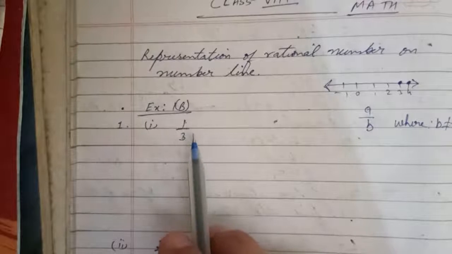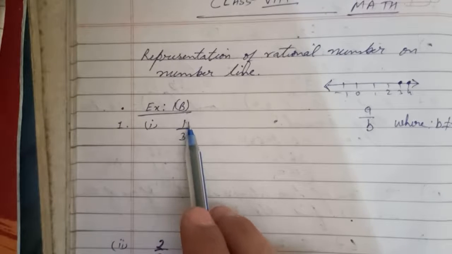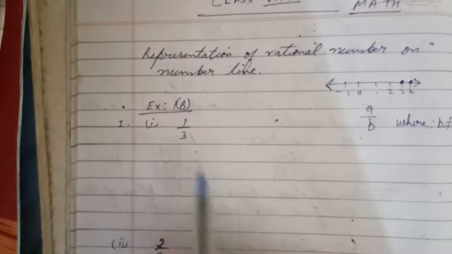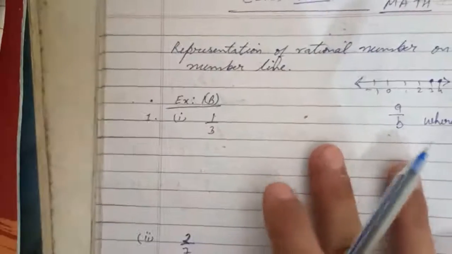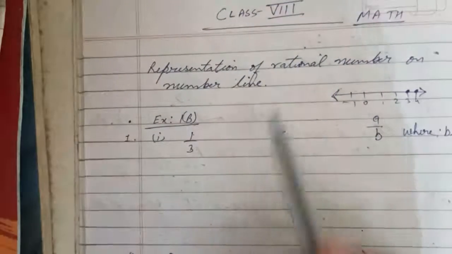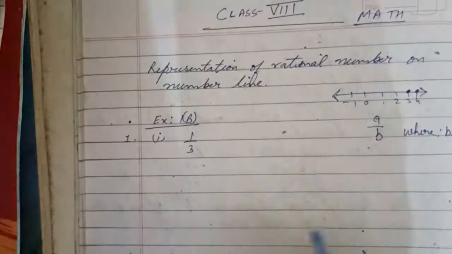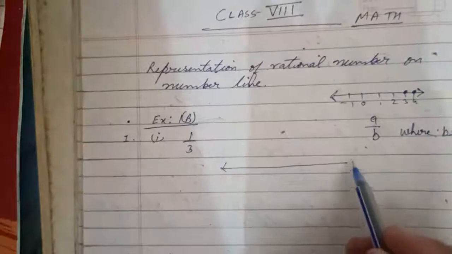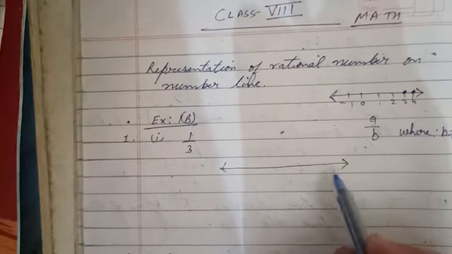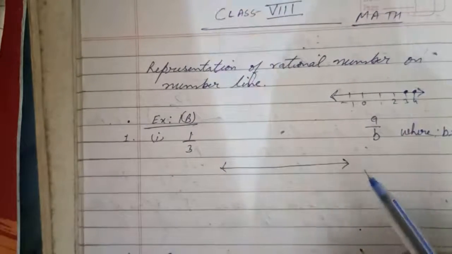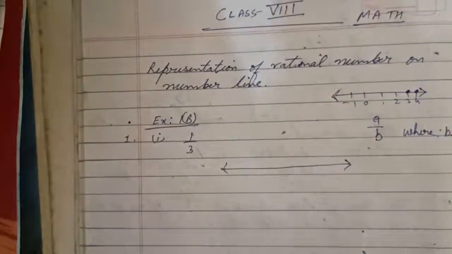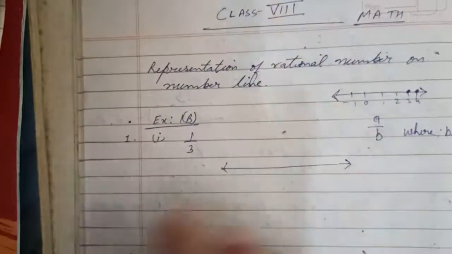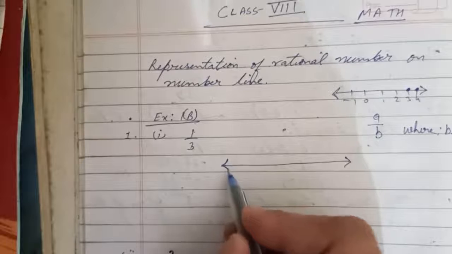So this is a rational number, but how to represent it on the number line? Representation is easy. For representing any rational number on the number line, you draw a number line using a pencil or scale, but it must be straight. For the time being, I am doing it randomly.